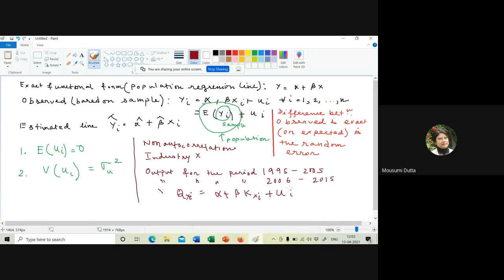Apart from capital, these variables are also affecting the output.